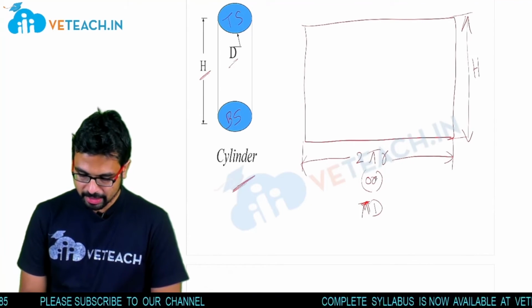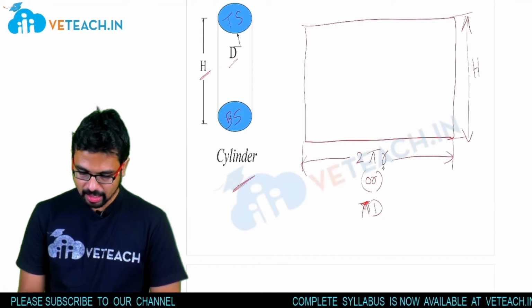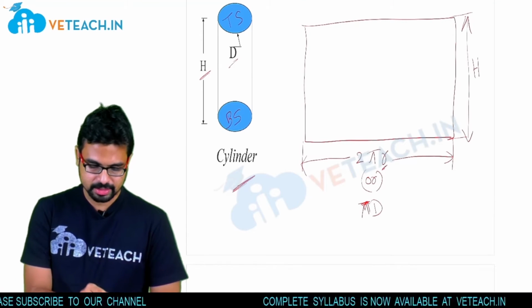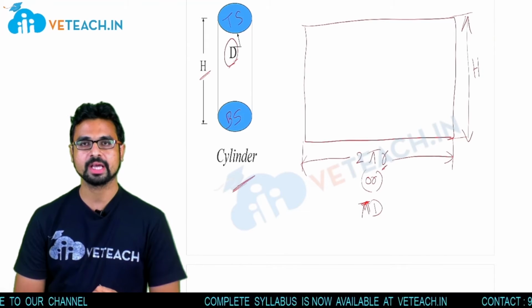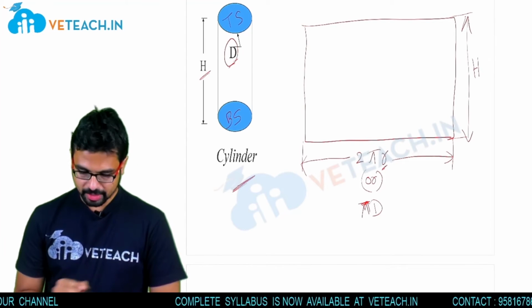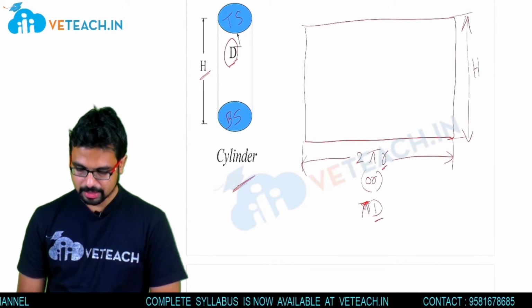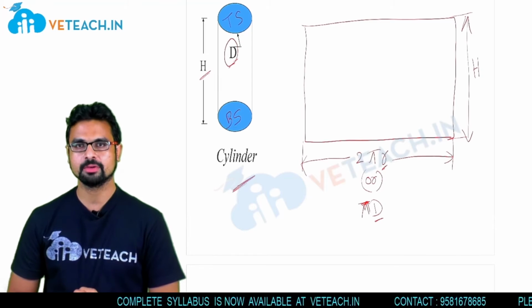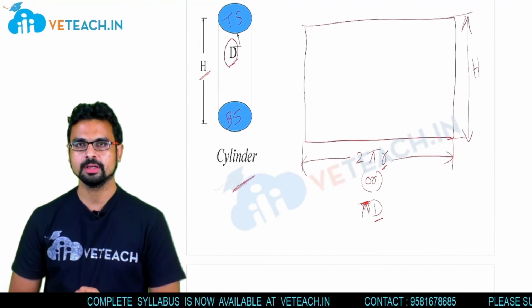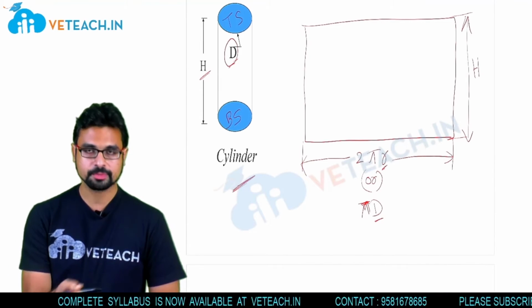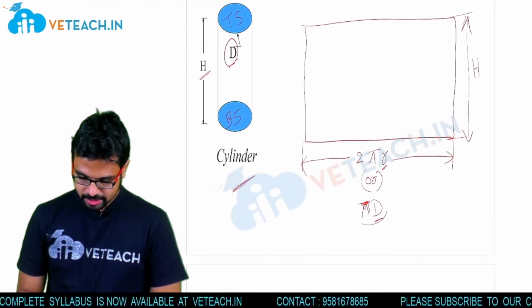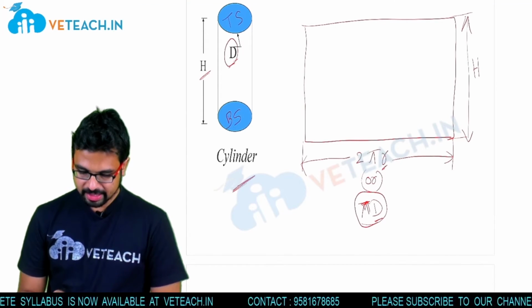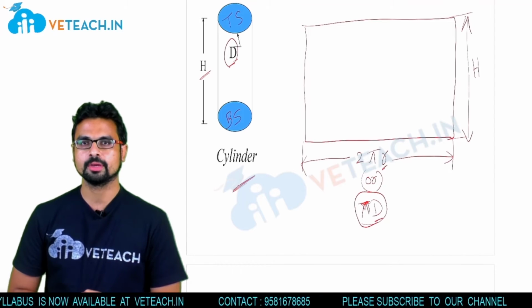Here r is the radius of the circle and d is the diameter. So we can take r as the radius, or we can directly use pi d. Pi is nothing but 3.14 and d is the diameter of the base circle or top surface. Clear? So by applying this circumference formula, we can calculate the length of the development of a cylinder.